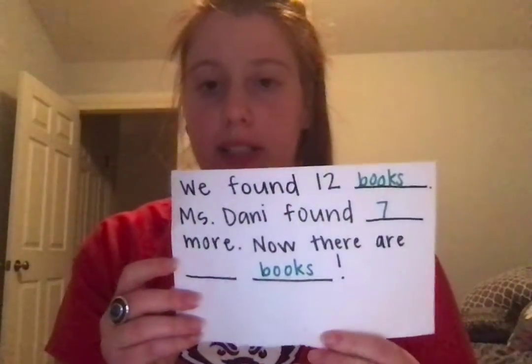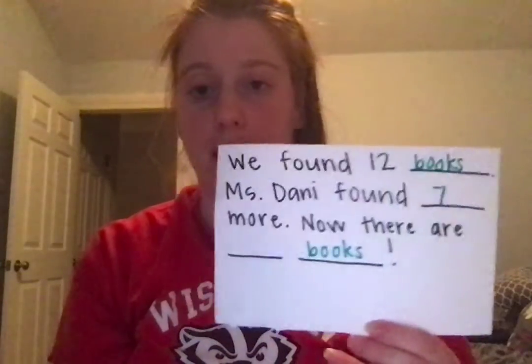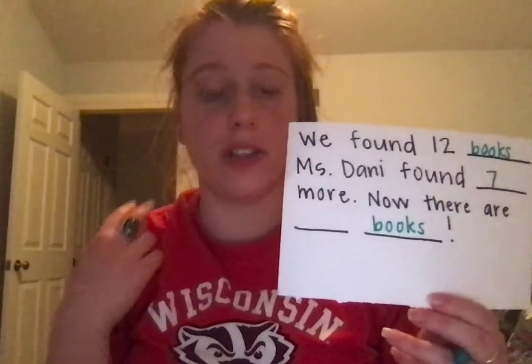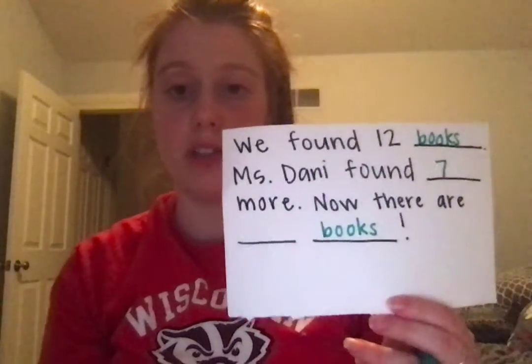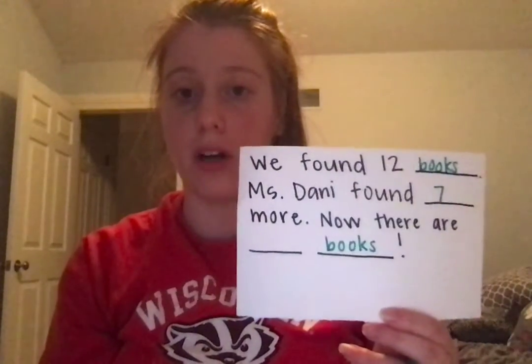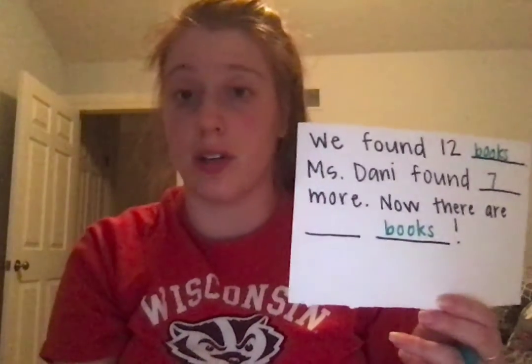All right, now I'm going to solve my problem and write my equation. Remember that you can draw a picture if you want to. You don't need to draw a picture. You can use whatever strategy you want to figure this out. Remember, if you chose a different number for this blank other than 7, you're going to have a different answer than me, and that's okay.